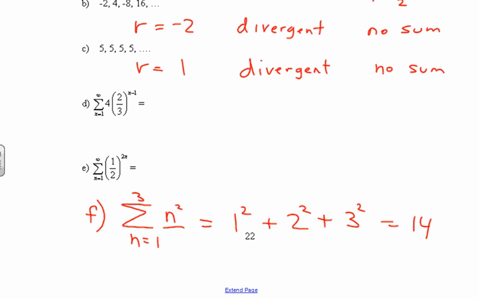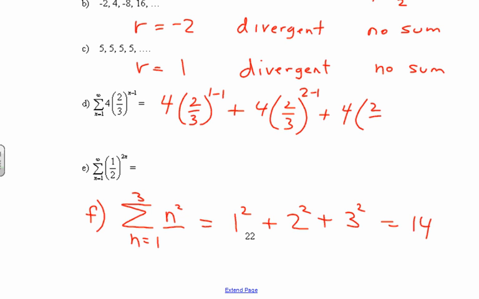That means this is an infinite sum. But we will be starting the same way. We'll be starting with 4 times 2/3 to the 1 minus 1. Then we'll go to 4 times 2/3 to the 2 minus 1. Then we'll go to 4 times 2/3 to the 3 minus 1, and so on.